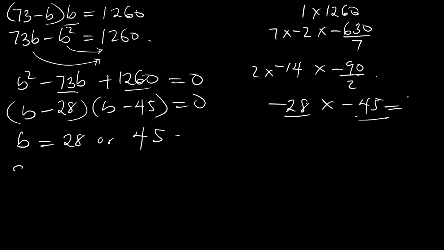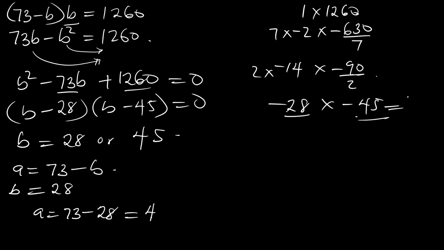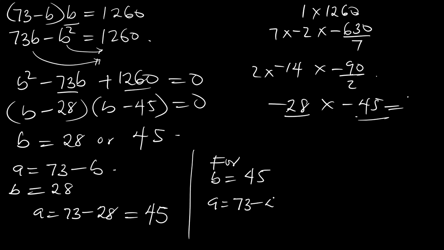7, A is equal to 73 minus B. So for B equal to 28, A is equal to 73 minus 28, which will give us what? 45. Now for B equal to 45, A is equal to 73 minus 45.